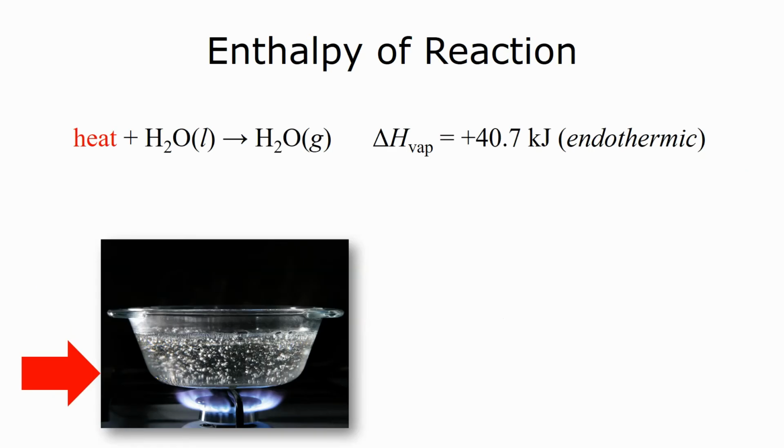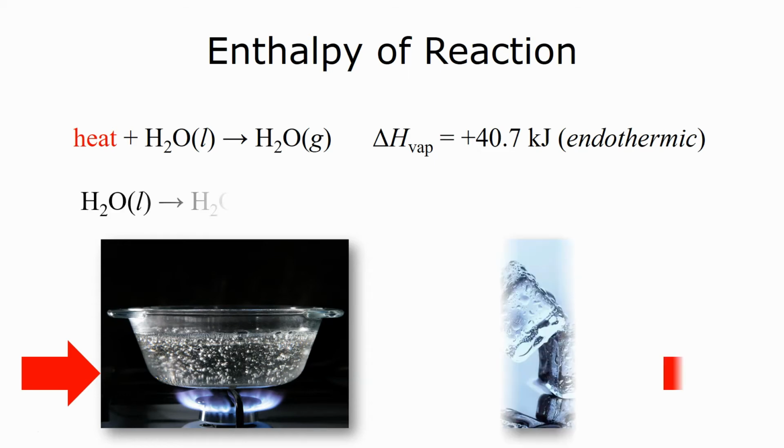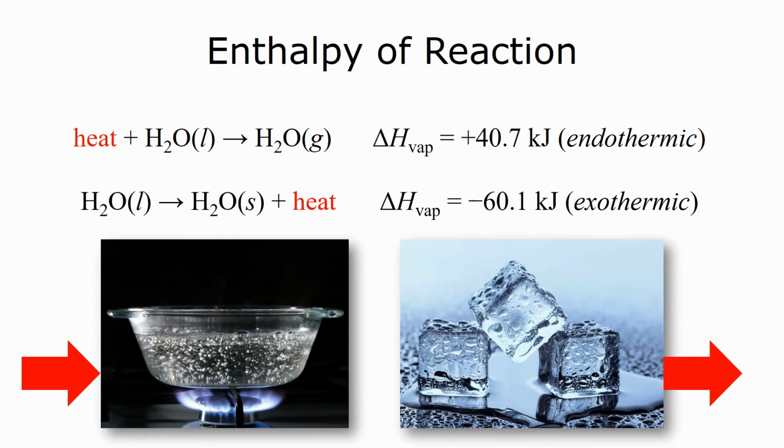Another way of looking at this is that when a reaction is endothermic, it has a positive enthalpy, and we can treat heat as a reactant, as opposed to an exothermic reaction, where the enthalpy of reaction is negative. We can treat heat as a product.